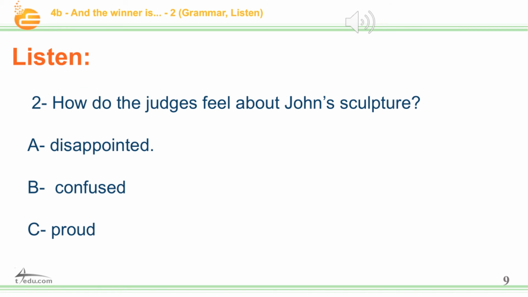Number 2. How do the judges feel about John's sculpture? A. Disappointed. B. Confused. C. Proud.